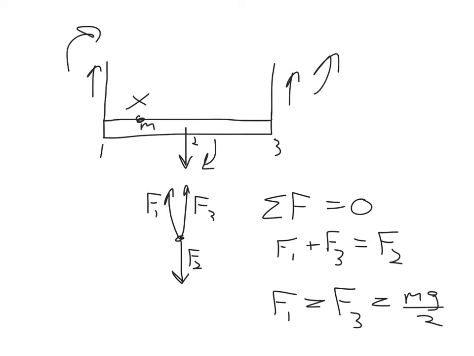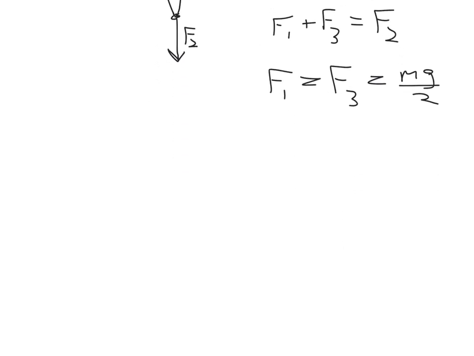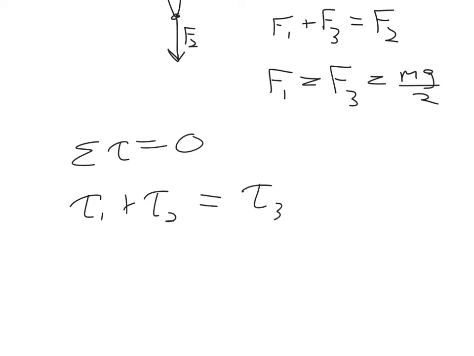So 1 and 2 are working together, causing a torque in the same direction. 3 is causing a torque in the opposite direction. For this to remain in static equilibrium, the sigma torque has to be 0, where the two torques going the same direction, torque 1 and torque 2, add up to torque 3.